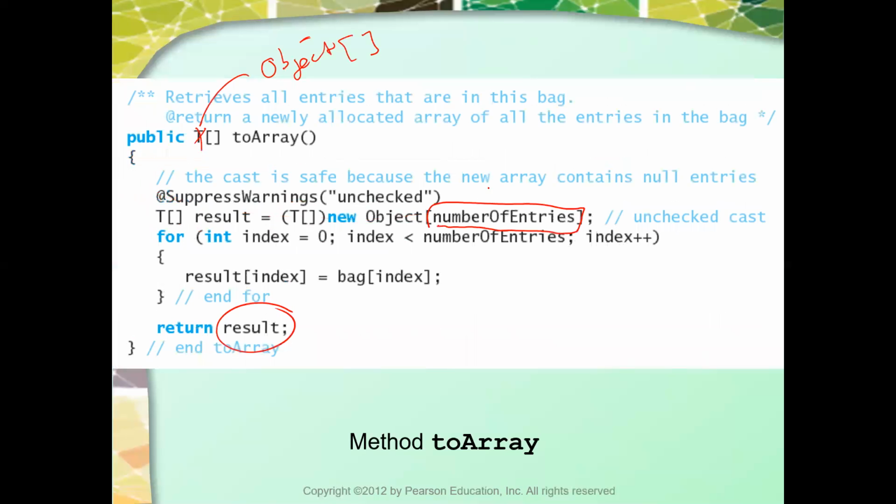So why don't we make this say bag.length here instead of number of entries? Wouldn't it be more correct to say it should be bag.length? Why should we say number of entries there? What's the consequence of that?